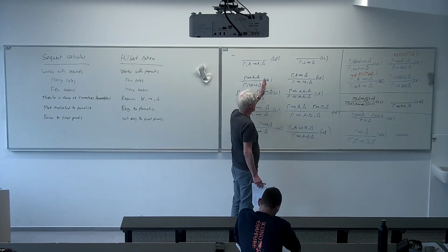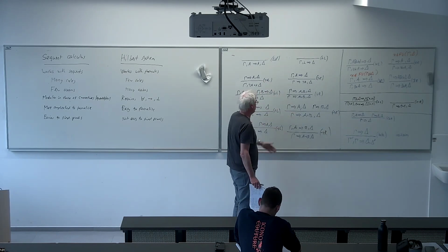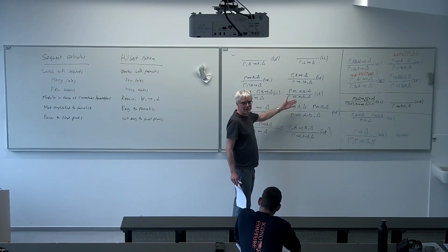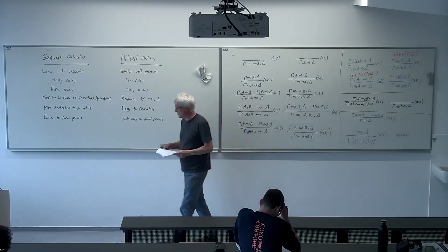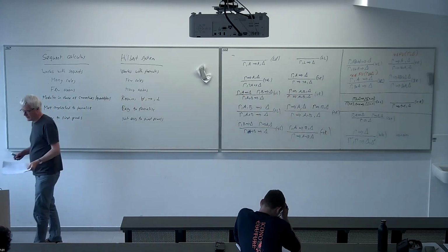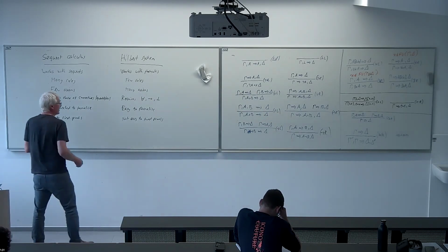So maybe we can show that at least our proof system can simulate Hilbert system proofs. If we can prove something in the Hilbert system, we can prove it in the sequent calculus. So that's the next result I want to give, basically the first theorem of today.